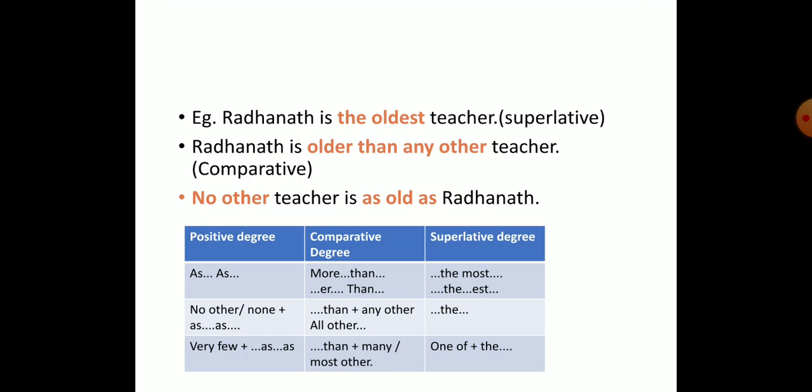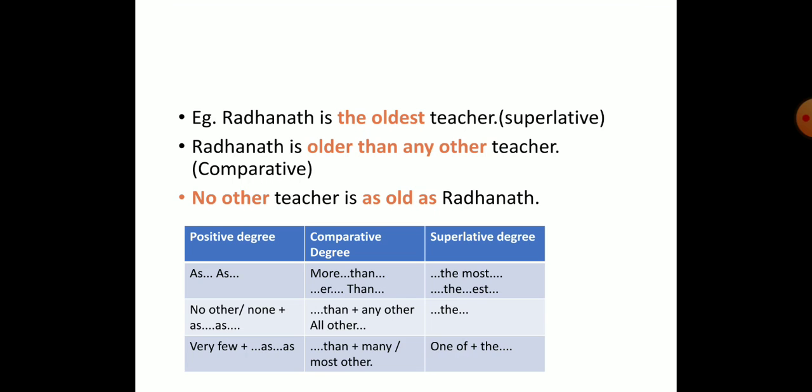If you change the sentence, the method will also change along with the degrees. So my comparative becomes: Radhanath is older than any other teacher.